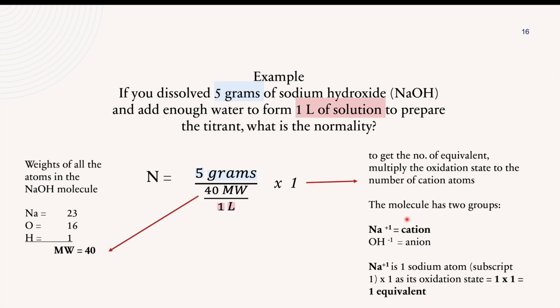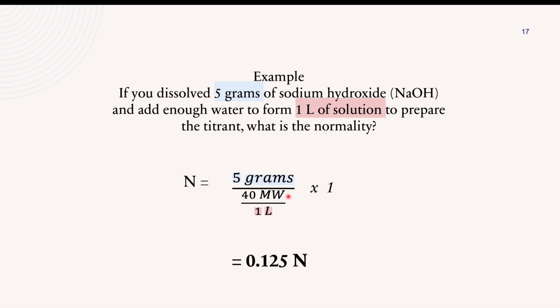For example, let's just imagine this is non-existing. You only know that the first part here is sodium, and it's just 1 subscript. So 1 times 1, your Na is plus 1. So that's why 1 times 1, you get 1 equivalent. So that's why you put it here. So the N of this is 0.125.